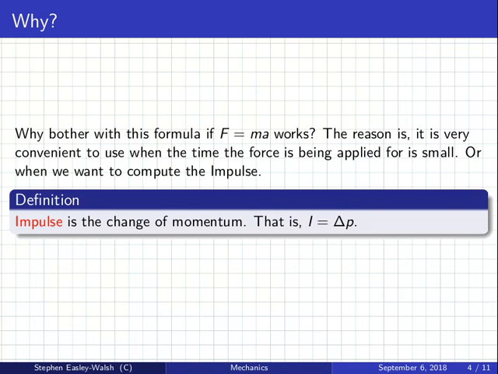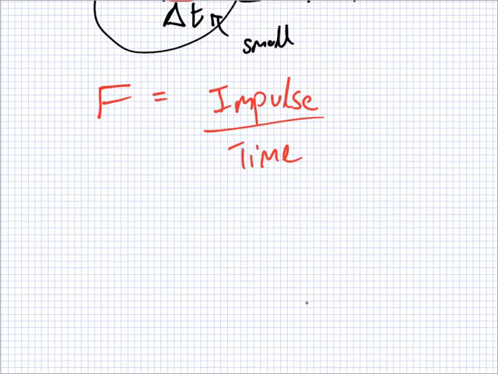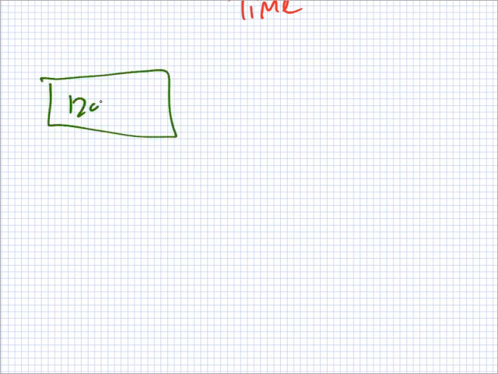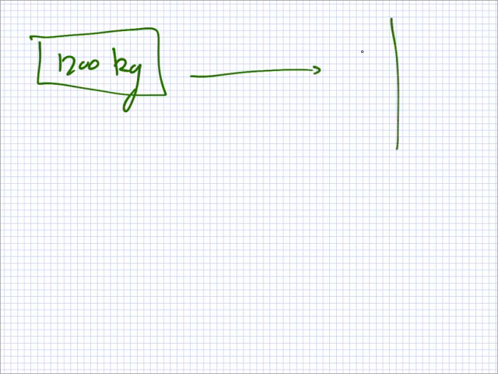So here, let's start with a simple enough example. A 1200 kilogram car crashes at a speed of 20 and is brought to rest. What's the impulse? So, here's your car. It's a car, 1200 kilograms. And it's coming along, and then it crashes into a wall, and of course it comes to rest. And it's going at 20 meters per second.